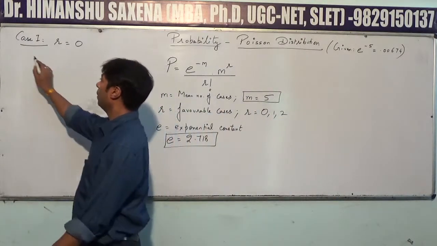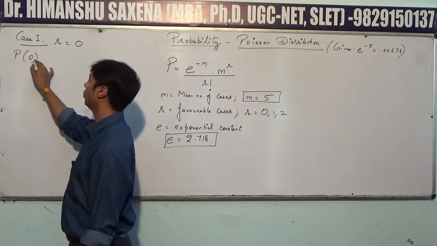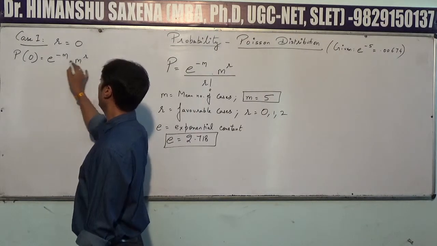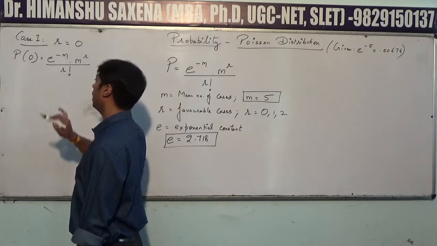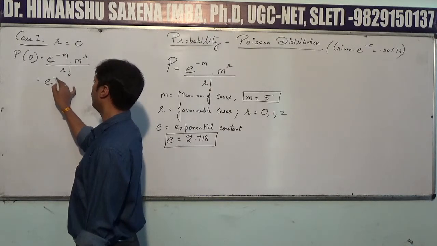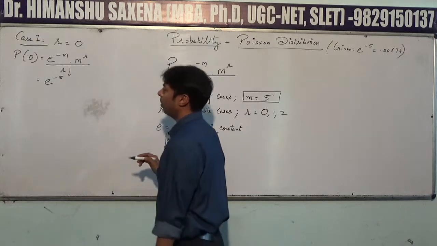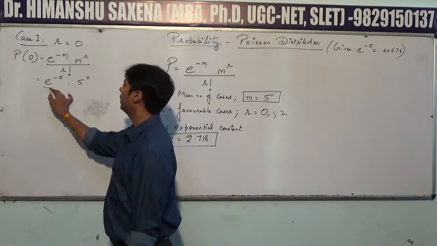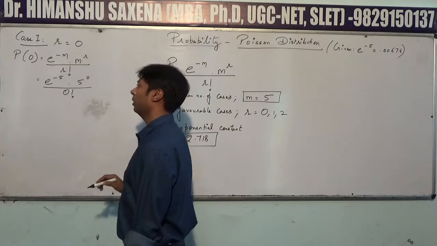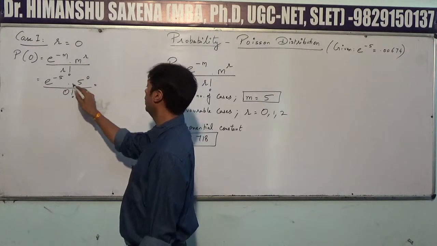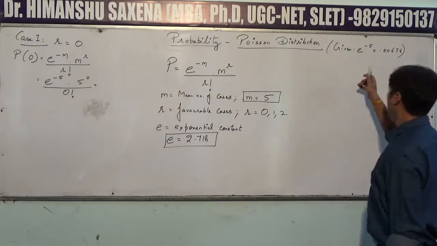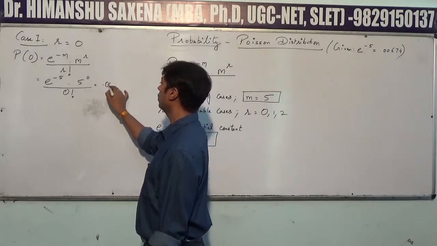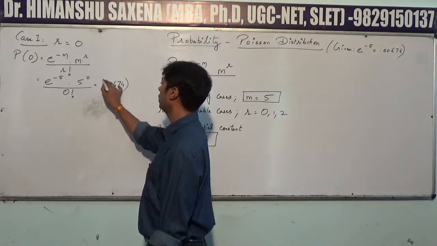So we start with probability of 0. First of all, let's take down the formula: e to the power minus m, m to the power r upon r factorial. Now m is 5 over here, so it will be e raised to the power minus 5, then 5 raised to the power r, which is 0, upon 0 factorial. Now you know that in this question the given value of e raised to the power minus 5 is 0.00674.